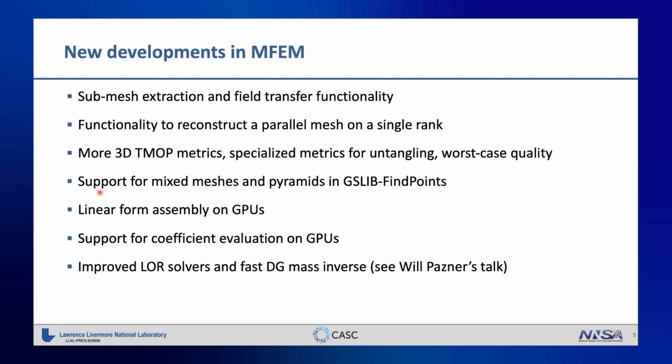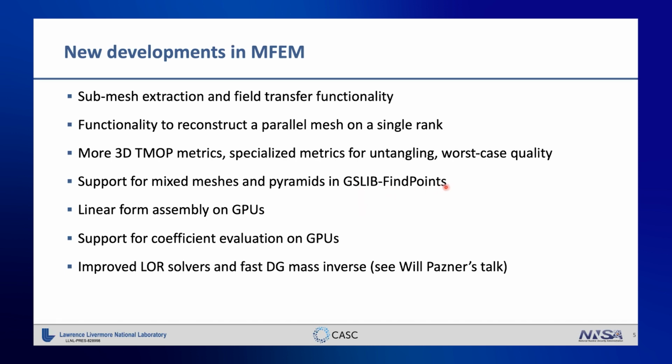Another feature related to meshing, we now have support for mixed meshes and pyramids in the GSLib library integration, which is a library for interpolation between arbitrary meshes. If you're not familiar with GSLib, that's one of the main things you can do with it.